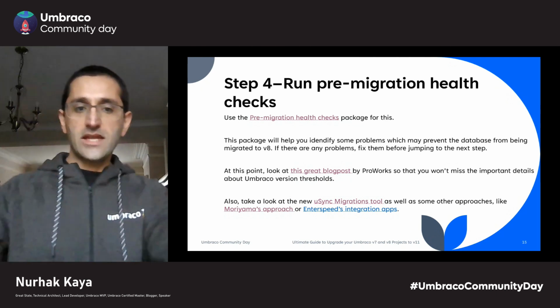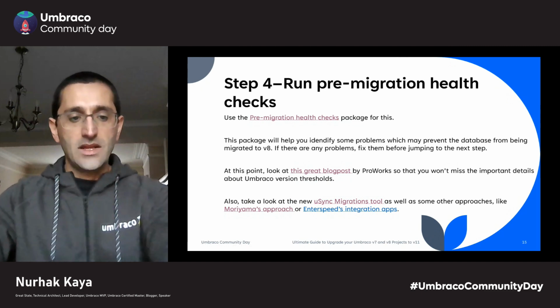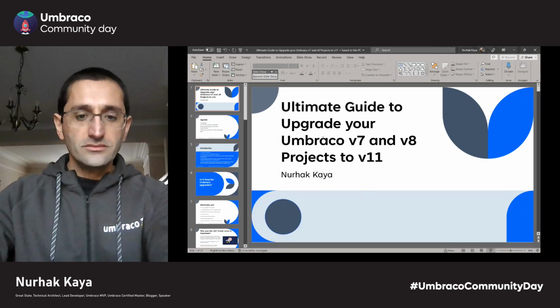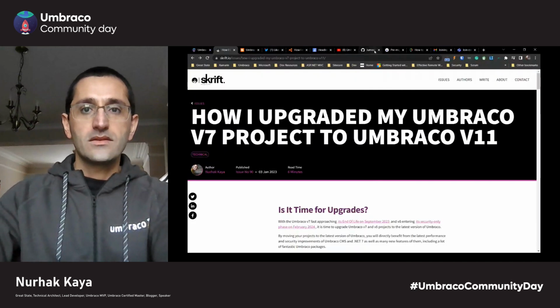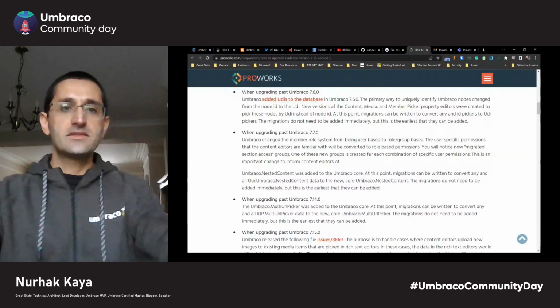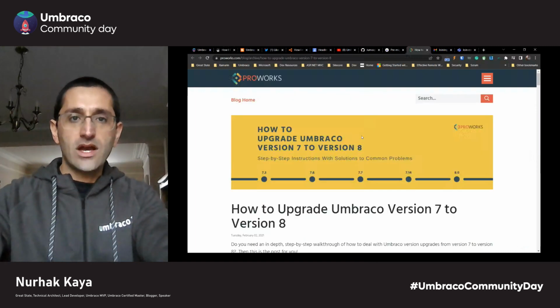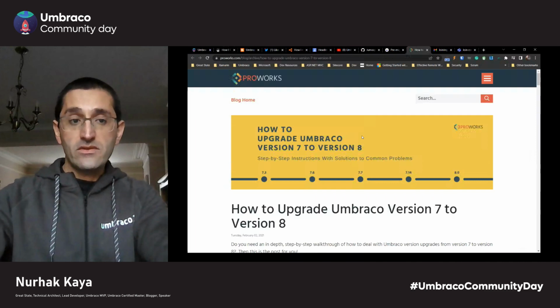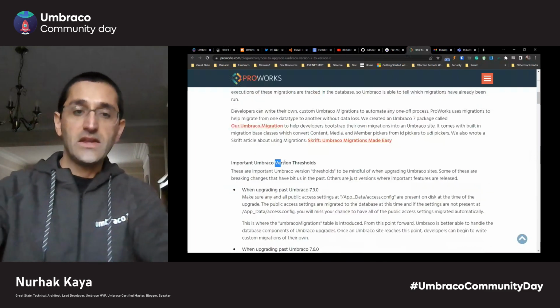ProWorks have got some great blog posts, and definitely, let me show a couple of them to you. ProWorks has got this blog post which is about how to upgrade Umbraco version 7 to version 8. I would definitely recommend you look especially at those version thresholds details.